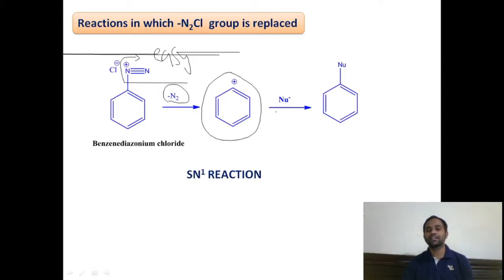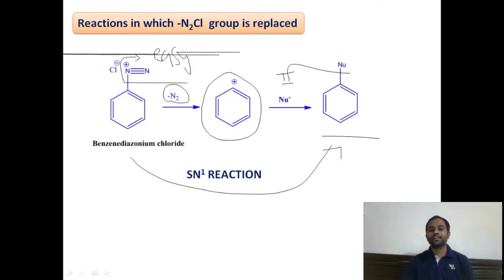Right? In the second step, it will be attacked by the nucleophile to give this new compound. That is, the overall reaction is nothing but an SN1 reaction, in which the N2 group is replaced by the nucleophile.